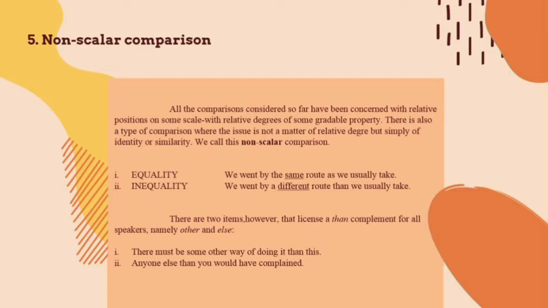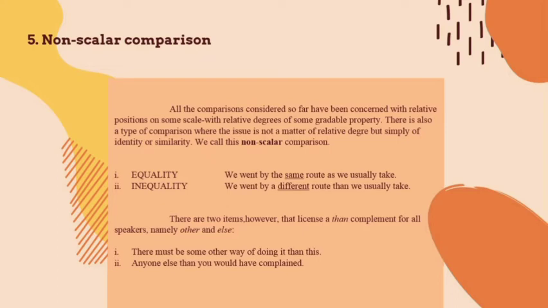Not all speakers use these constructions. Some speakers would use a more complex construction with from and a noun phrase here, like: we went by a different road from the one we usually take.